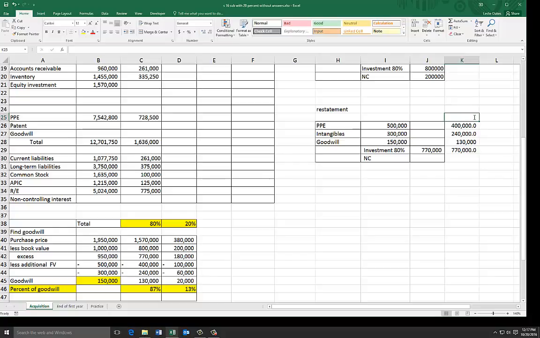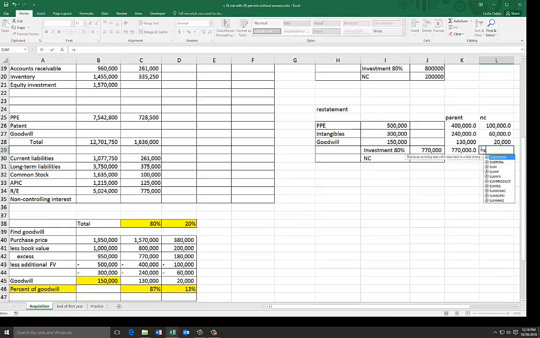So this is the amount that's going to the parent or the majority controlling interest. And here's the non-controlling. We know they get 20%, but here they only get this 13%, $180.